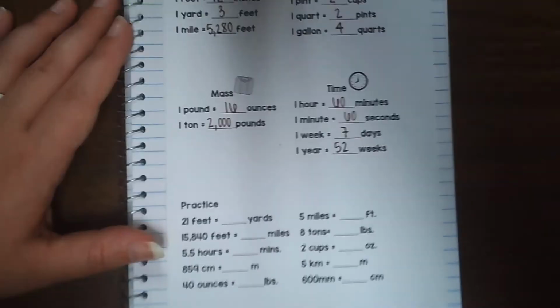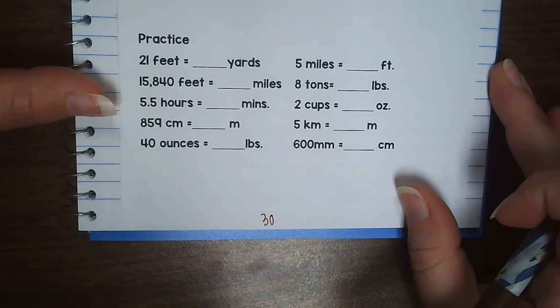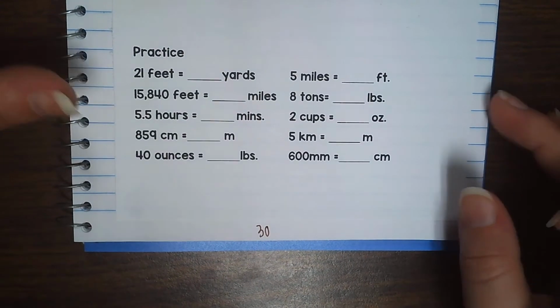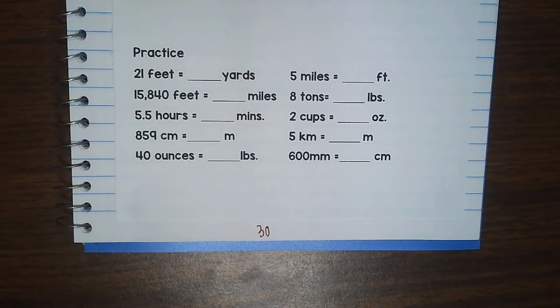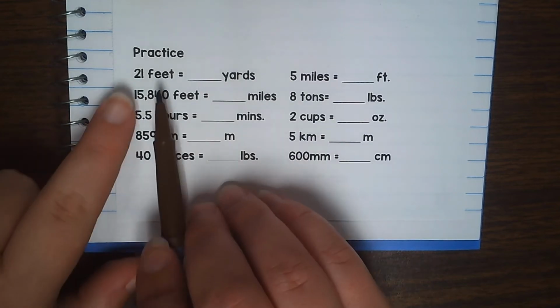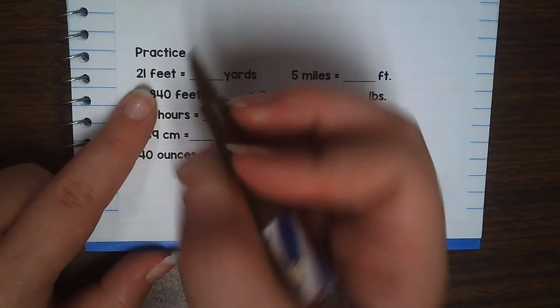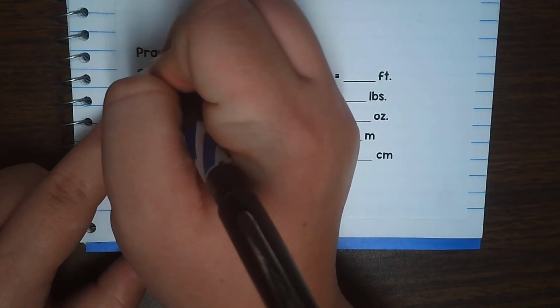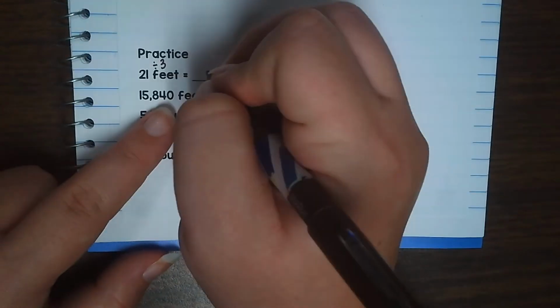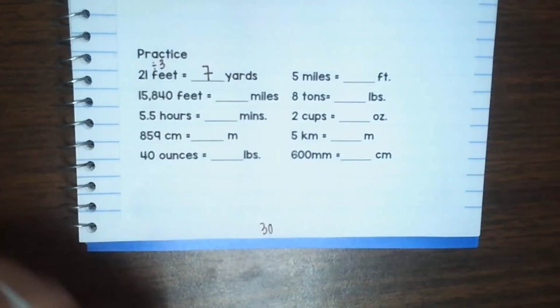So let's go down here and practice. With our practice, 21 feet is how many yards? Well, I know that there are 3 feet in a yard. So if I take 21 and divide it by 3, that would mean I have 7 yards.